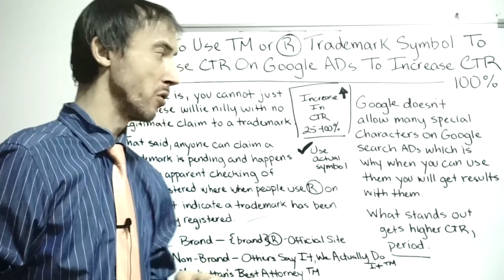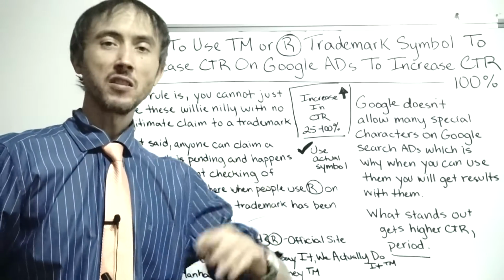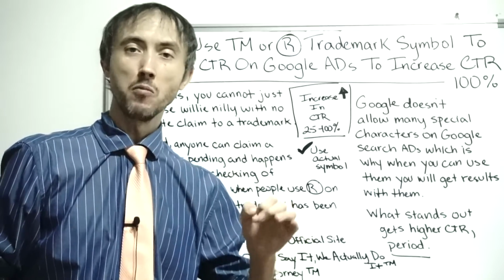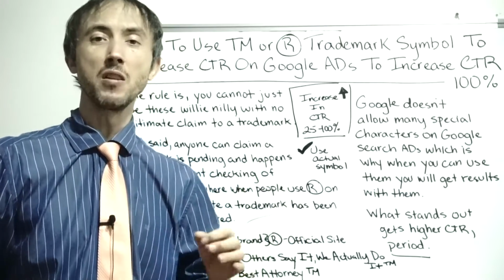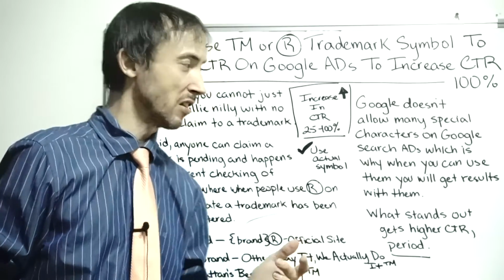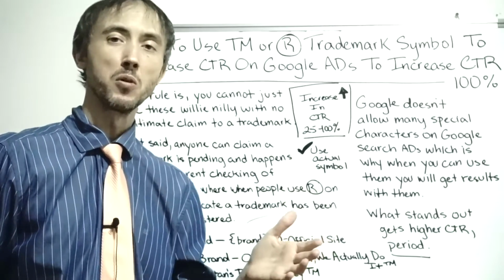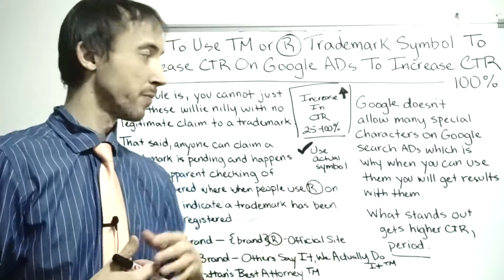So the special character is basically a guaranteed way that your ad will get more attention a higher percentage of the time than without one. Use numbers too, by the way, as a side thing. You should definitely use numbers, but the special characters will also give you a boost. And really, you should use both.